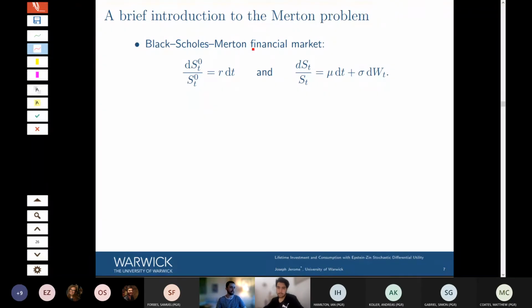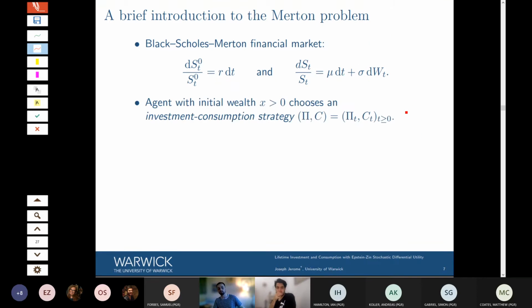So I'm just going to briefly introduce the investment consumption problem. We have a financial market with a riskless asset with interest rate R. We have a risky asset, which is just given by geometric Brownian motion with drift mu and volatility sigma. And an agent with some initial wealth X has to choose an investment consumption strategy.